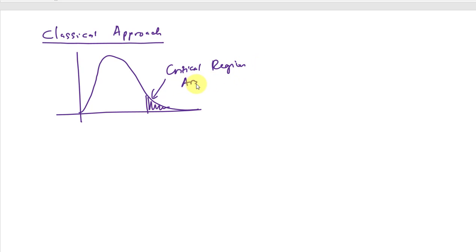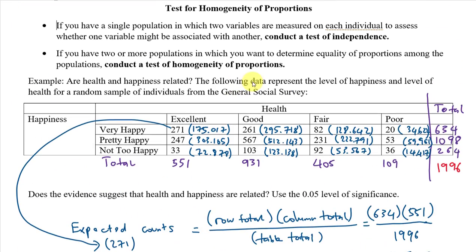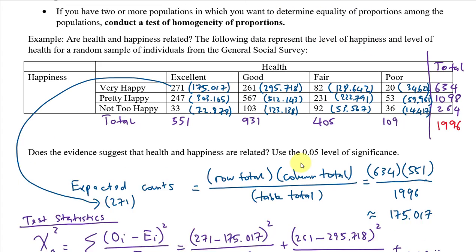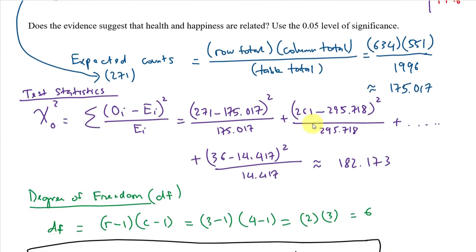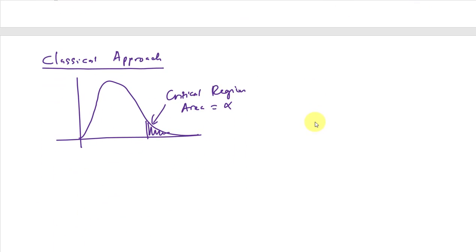This is the area that has the value of alpha, and alpha is the significance level. In this case, we have 0.05, so the area here is 0.05.